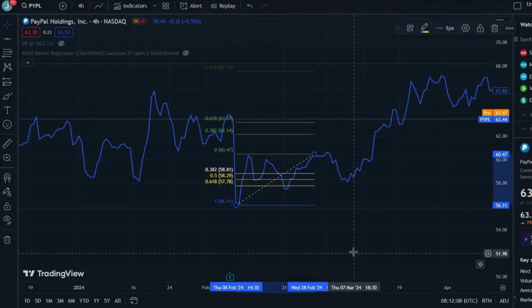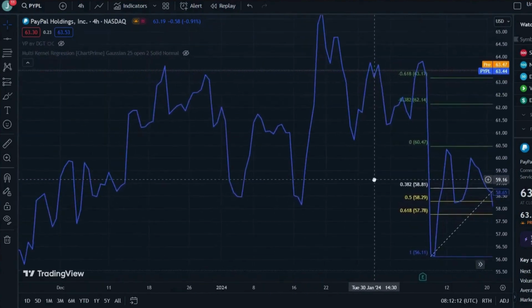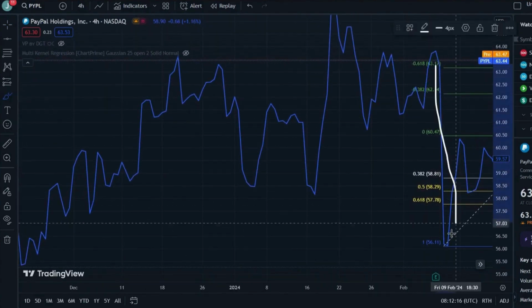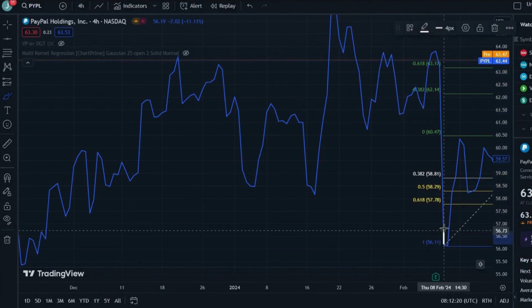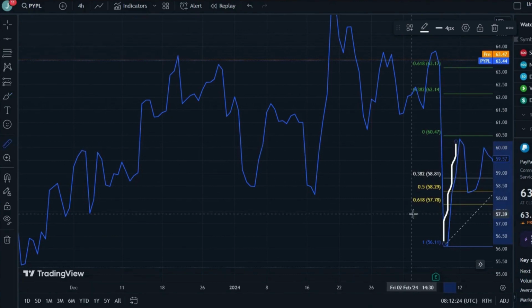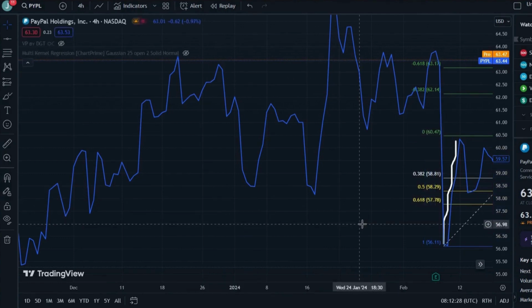So let's check what can happen now. You can see that we have a good downtrend, okay? And then the price has a huge uptrend here. This calculation is almost 7%, okay?